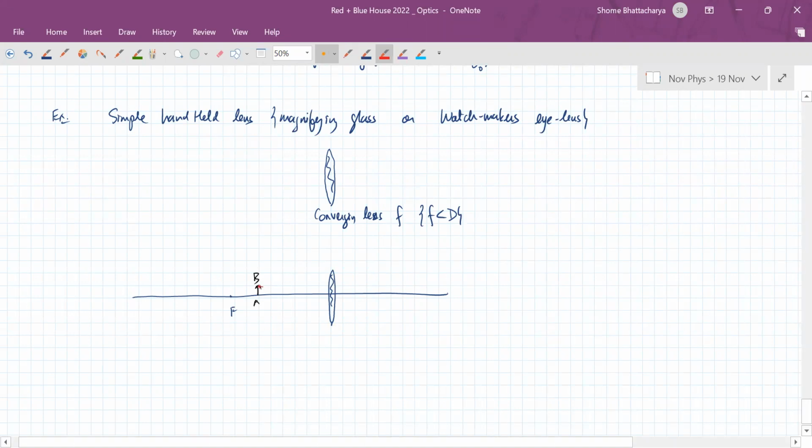In that case, the refracted rays will be slightly divergent in such a way that the image will appear to be somewhere here. And you can see that the optical size of the image, the angular size of the image, will be this theta.